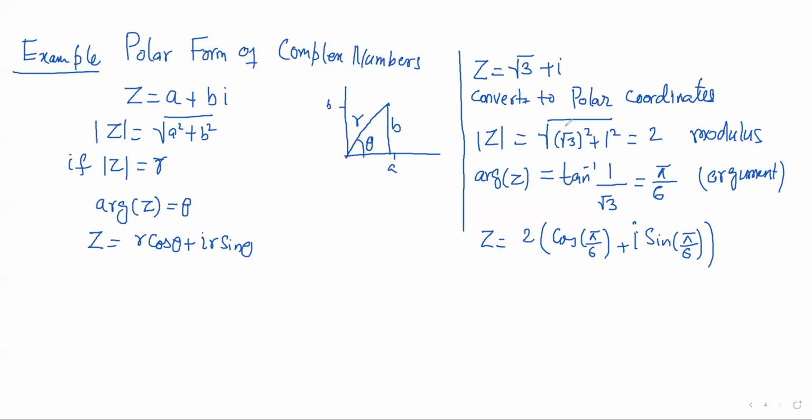Modulus is basically the length of that complex number. Argument is the angle of that complex number with the real axis. And then we can represent it like this.